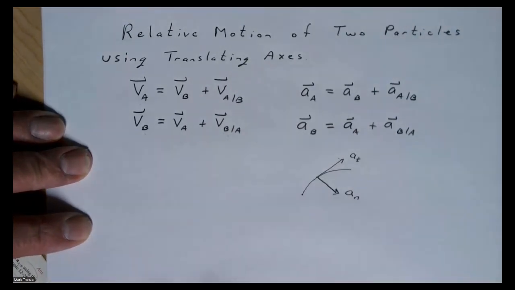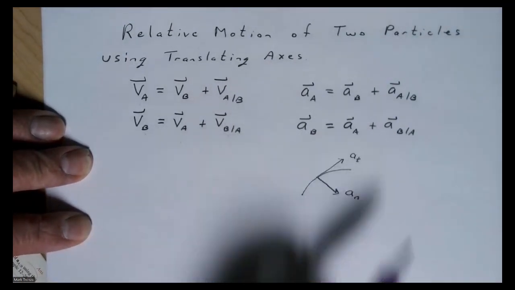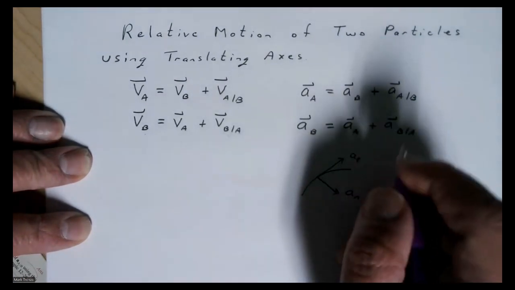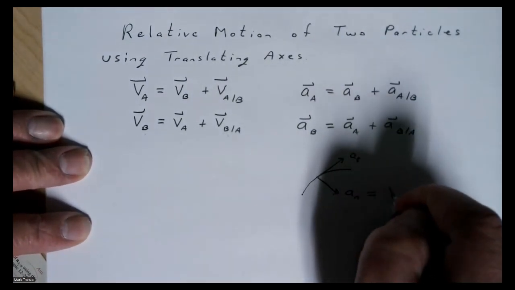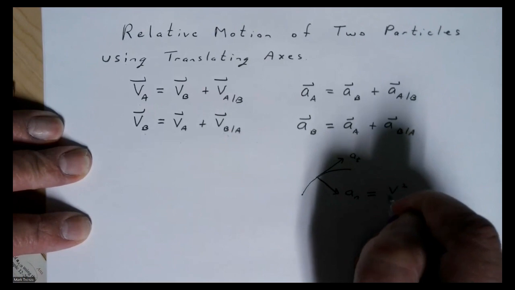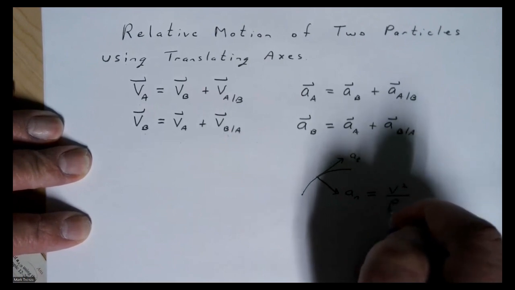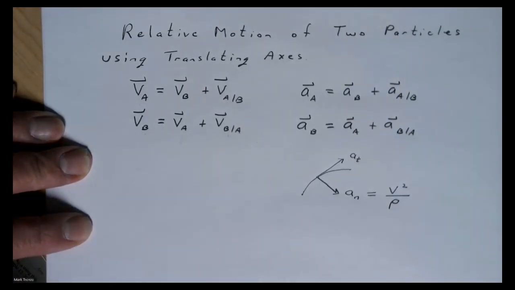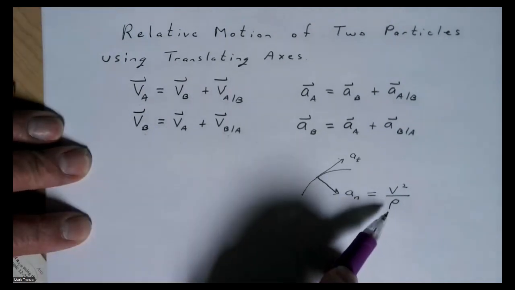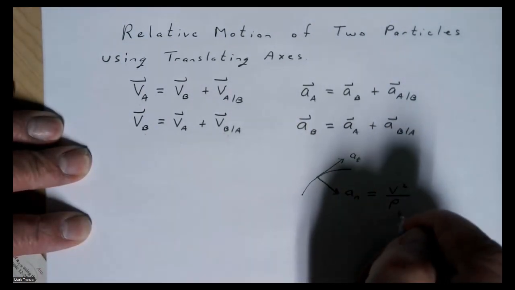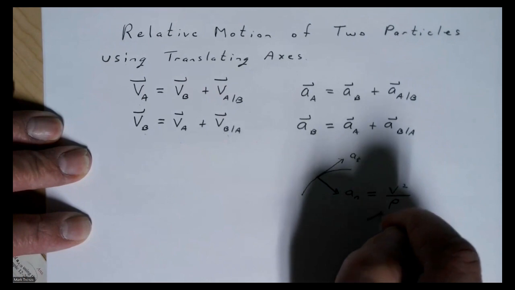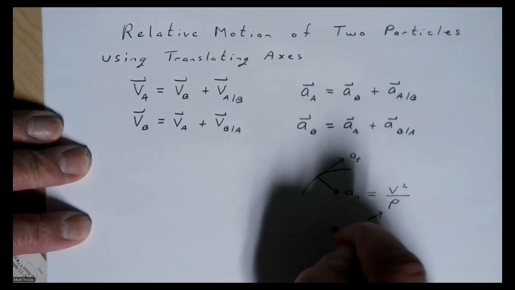We're going to have to put these into our vectors and take those into account. You recall that the normal acceleration is always the tangential velocity squared divided by the radius. And remember, this is the radius of curvature of the curve.